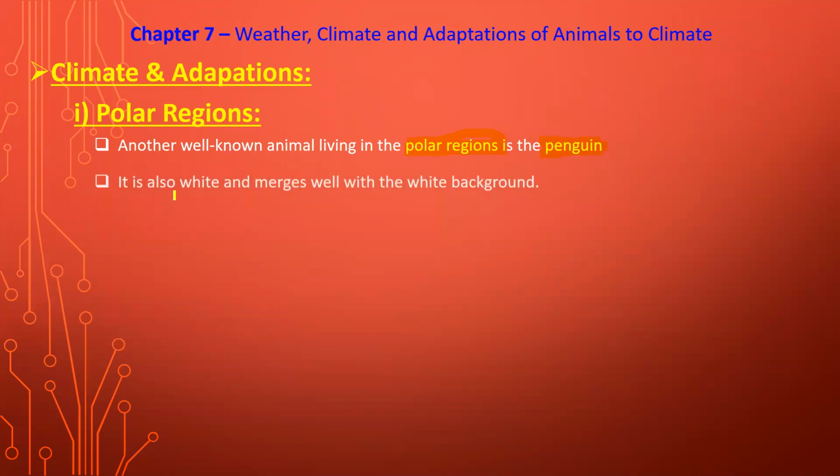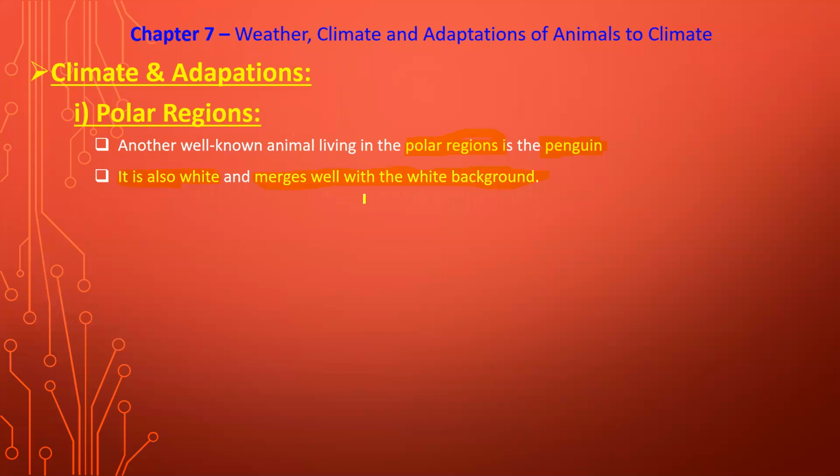Now, if we consider the structure of the body of the penguin, it is also white, similar to that of the polar bear. We have seen that the polar bear's skin or fur is white, so they merge well with the white background. The same thing is developed for penguins. So they are also adapted to such an extreme cold region.